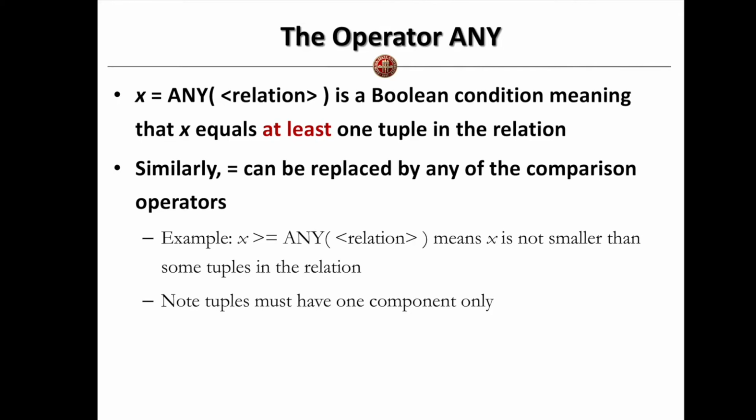Otherwise, we return a false value. Also, please be careful. We also need to ensure this tuple contains one single column or one single component only, because we're doing a comparison. We need to make sure this x has one single column. Similarly for this relation, it contains one single column, so we can do the comparison, like equals or no smaller than, as shown here.